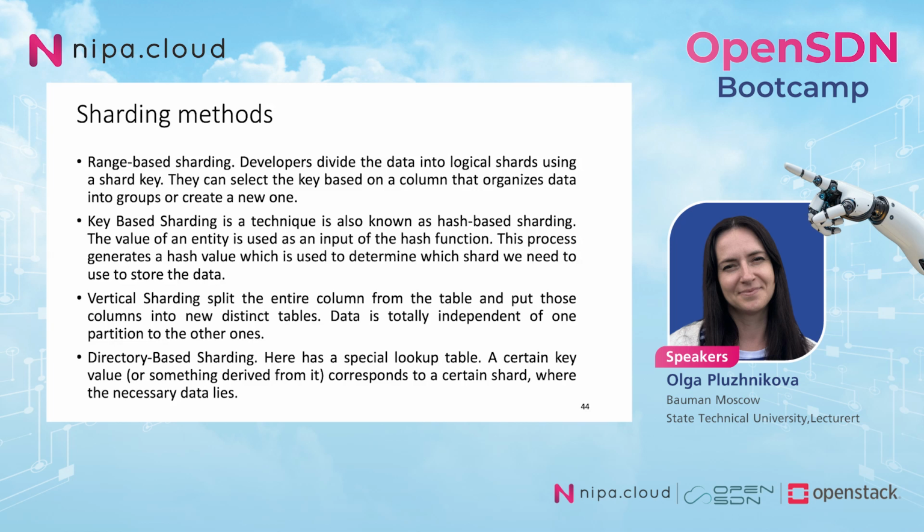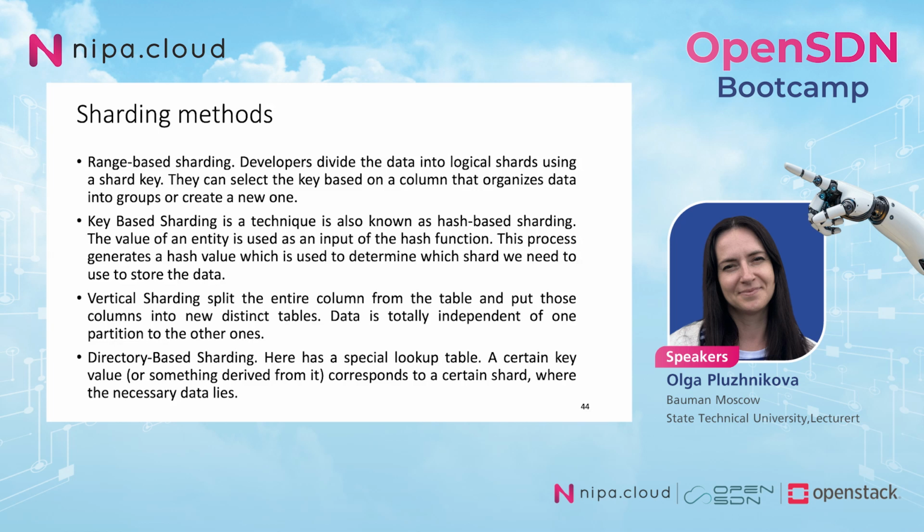Certain shards may become hotspots if they contain highly accessed columns, leading to uneven distribution of workloads. Making changes to such a schema, such as adding or removing columns, may be more challenging in vertically sharded systems. Changes can impact multiple shards and require careful coordination.